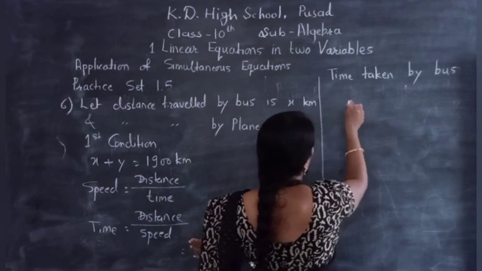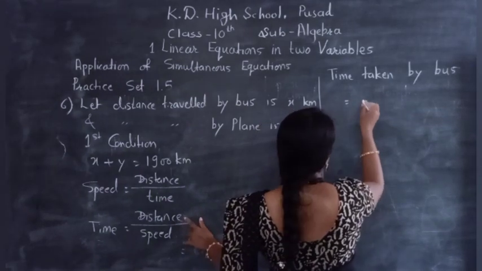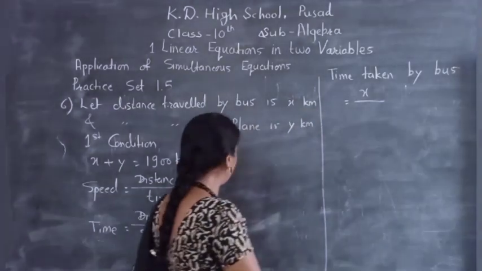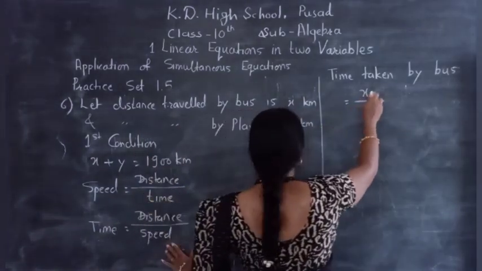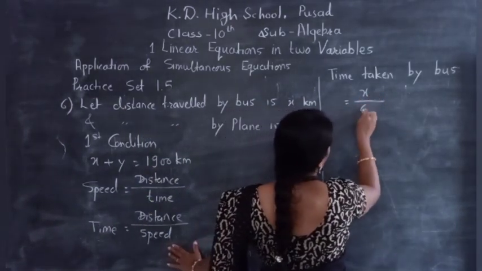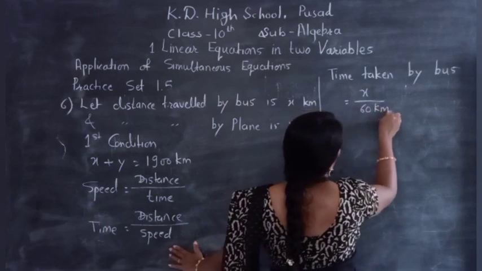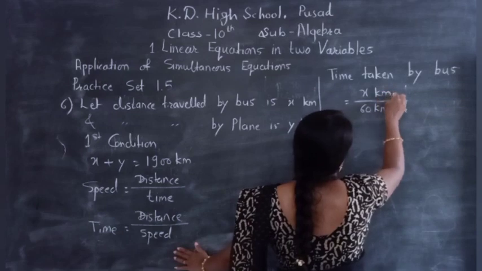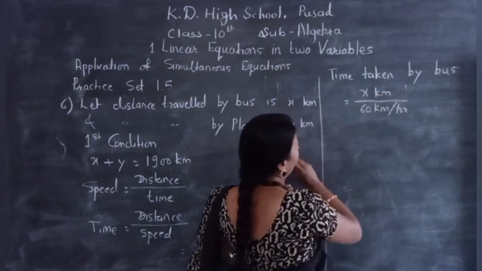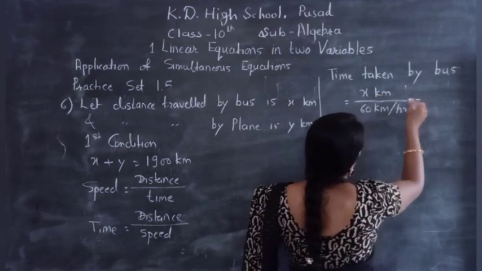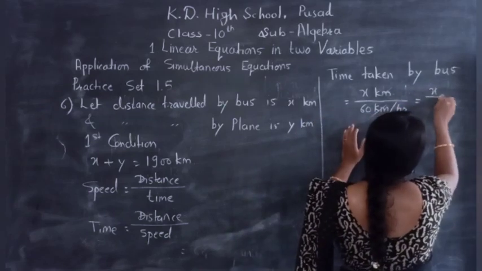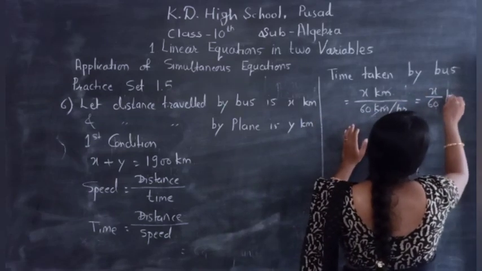So we write here the distance covered by Vishal is x upon, put the given values in the formula. Distance is x and the speed is 60 kilometer per hour. Here x kilometer is the distance traveled by bus, and this kilometer gets cancelled, and it is x upon 60 hours.